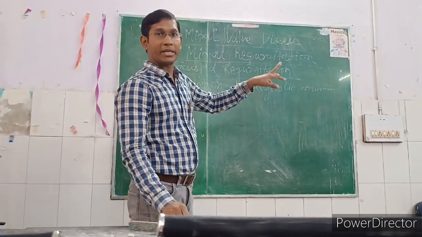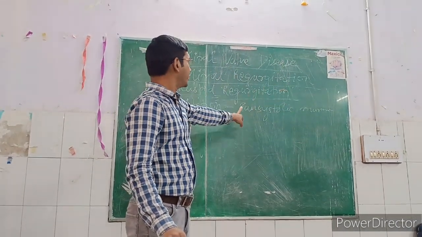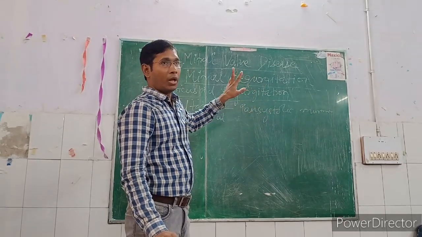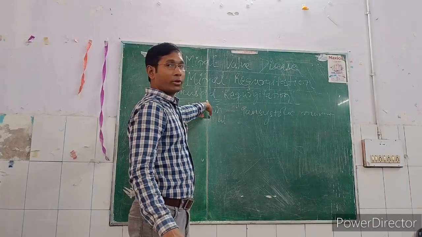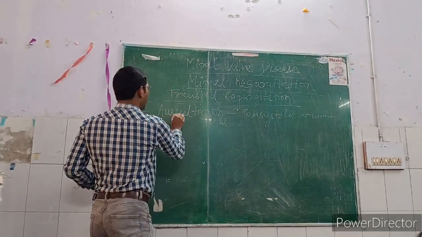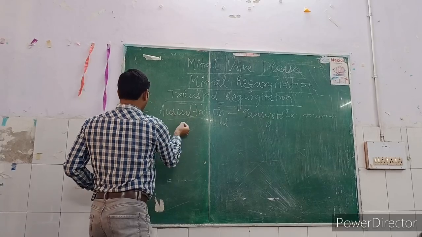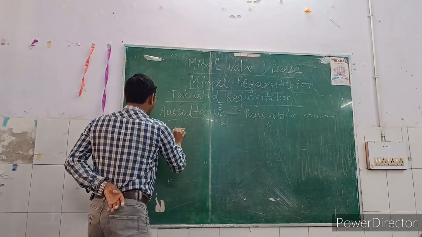Pansystolic murmur at apex is mitral regurgitation, which radiates to the axilla, and pansystolic murmur at the left lower sternal border, that is tricuspid regurgitation. And its clinical diagnosis is through auscultation, and investigational diagnosis is again through echo.